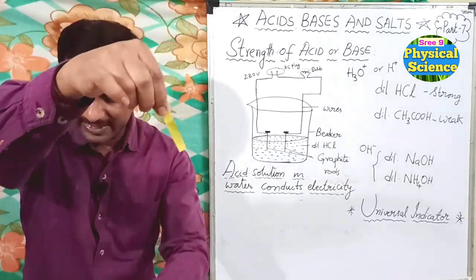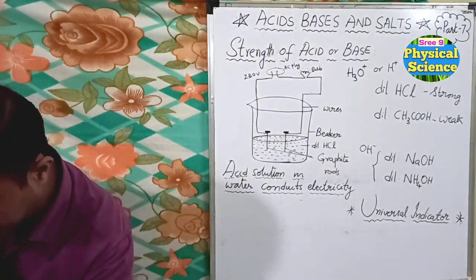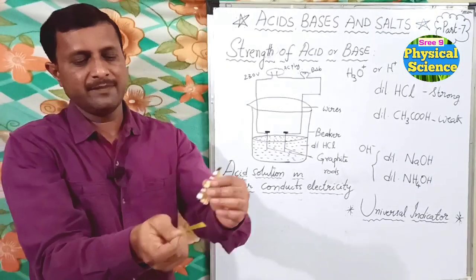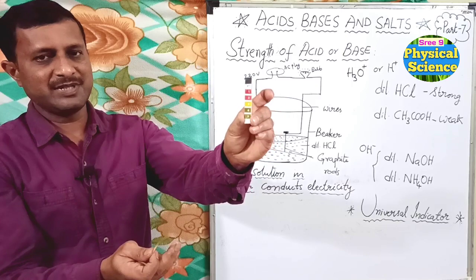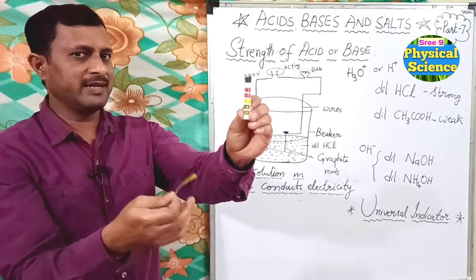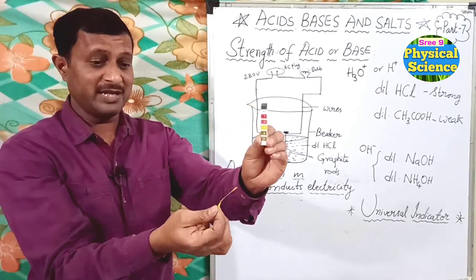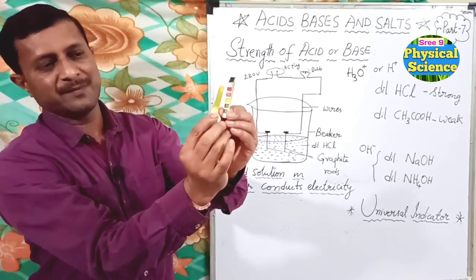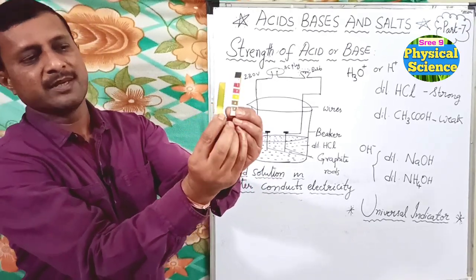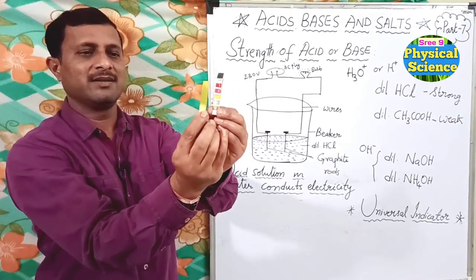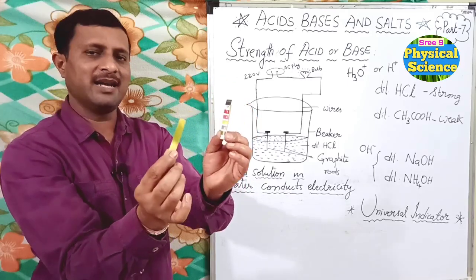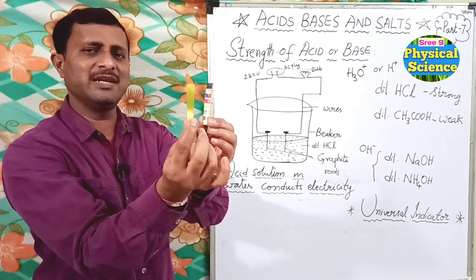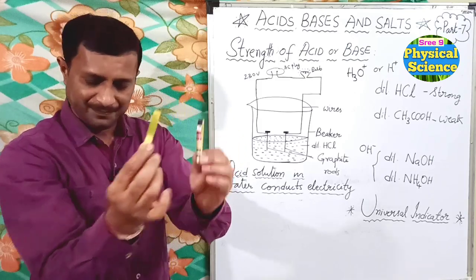Here we have a scale. This is the color indication paper, which is called actual pH paper. Now in the next class we are going to learn about this pH. So here it shows near 6 or 7, this is the number. This is called pH scale. In the next session I'll explain about this, but you see the color, right?